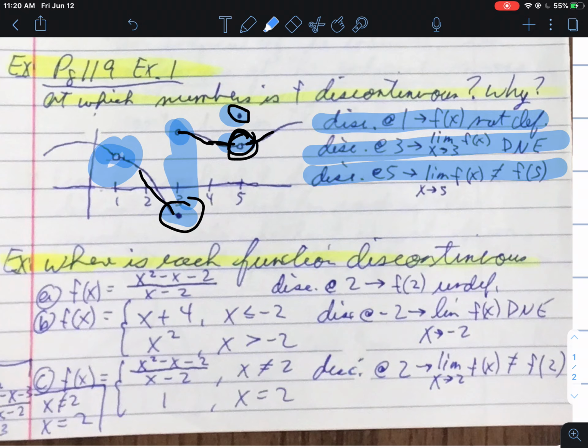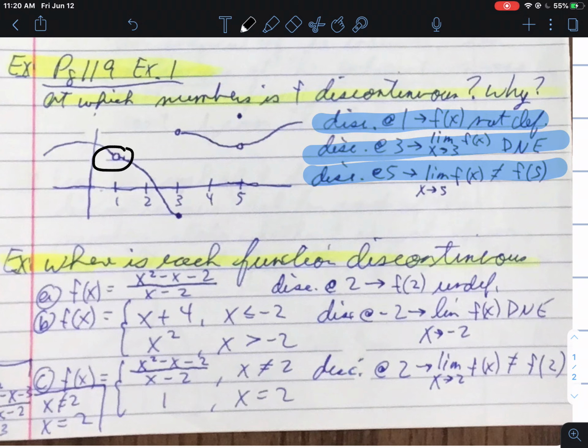I can't just say there's a hole in the graph. Well, what does that mean? Now, while I'm thinking about it, I'm going to go back and mention this. I can't just say that it's discontinuous because there's a hole in the graph. Because I have a hole in the graph here, I also have a hole in the graph there. But the reason for discontinuity is different in each of those two situations.